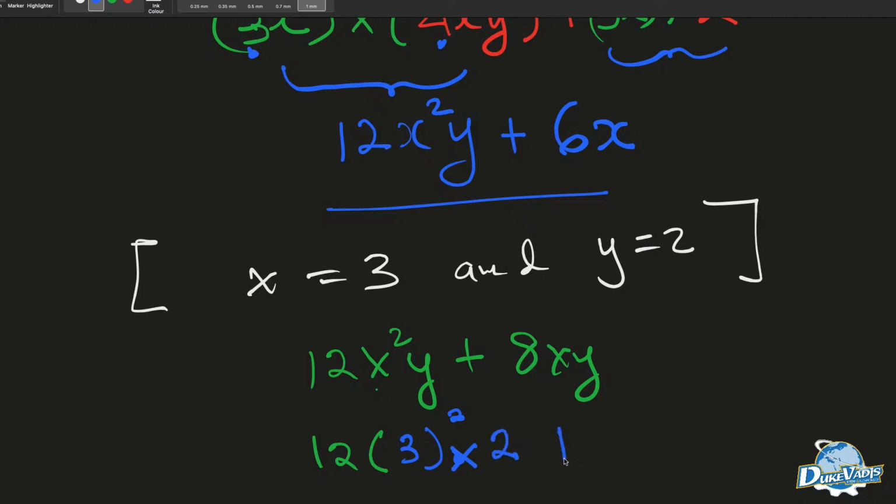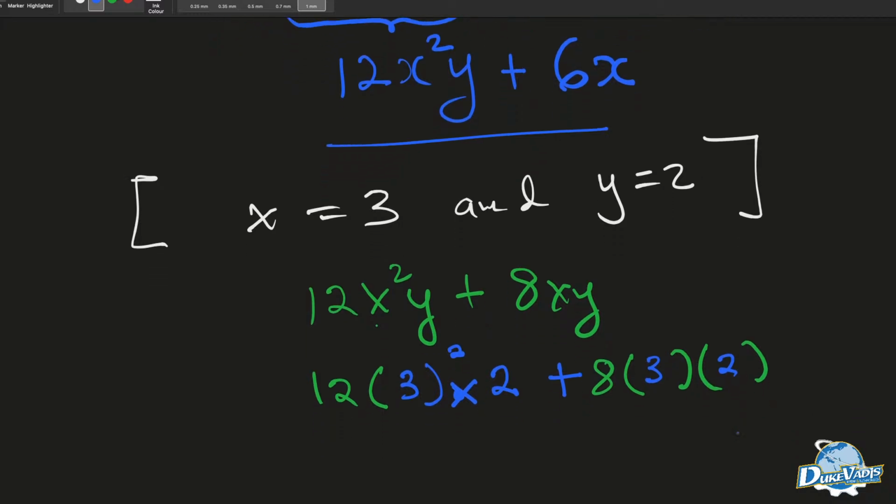Okay, plus here we have 8 multiplying this and that, they are multiplying. So x is equal to 3 and y is 2. So we multiply them.